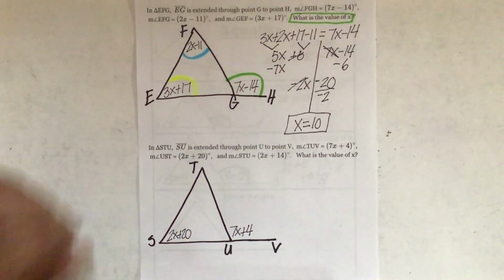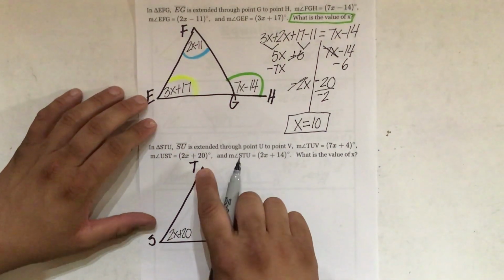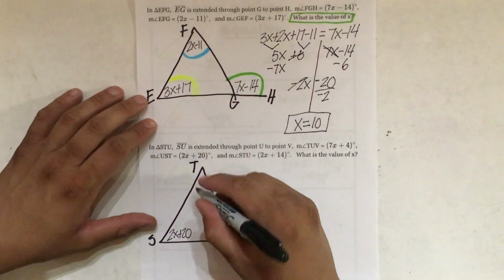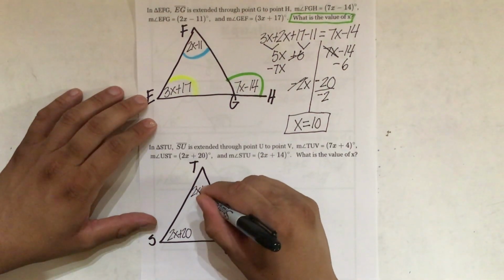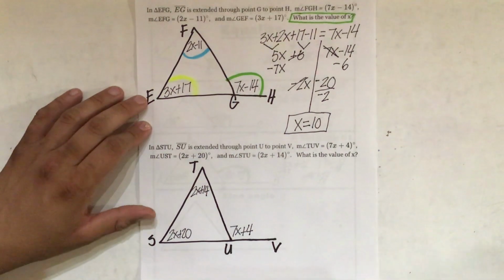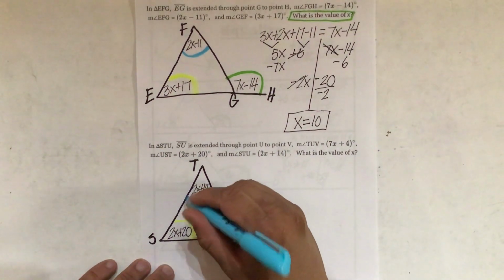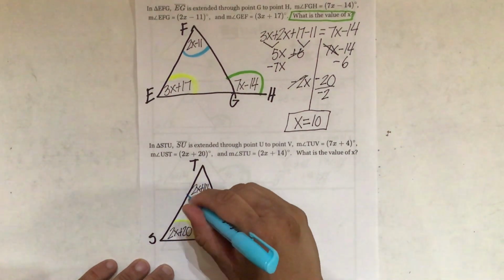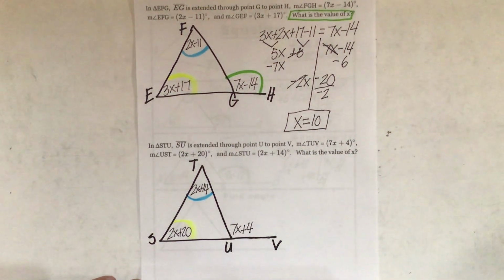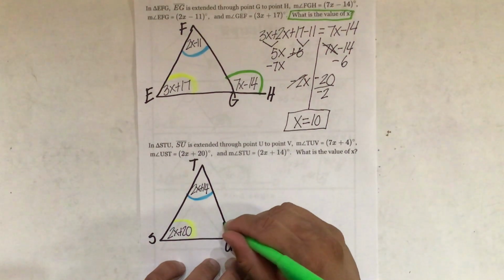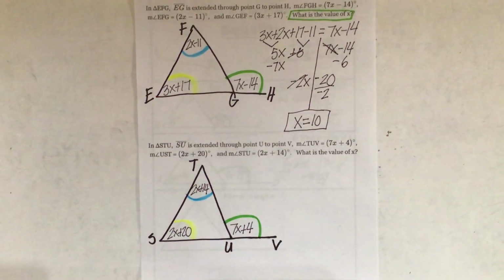And finally, angle STU, ST, the middle one, U is 2x plus 14. So I already made this my yellow. That means that this is going to be my blue. And the outside is going to be my green.